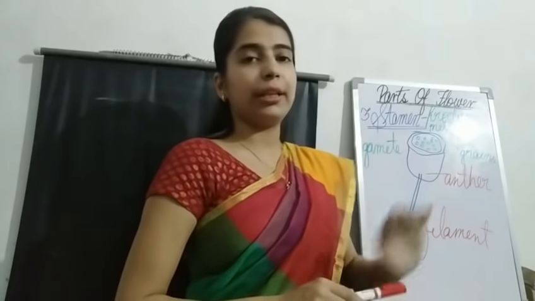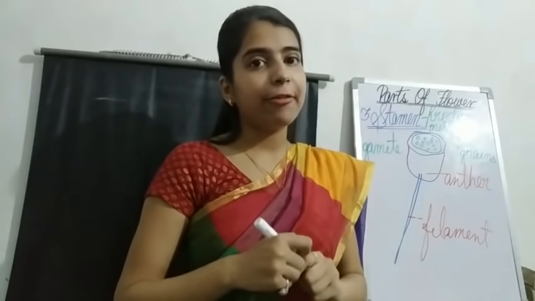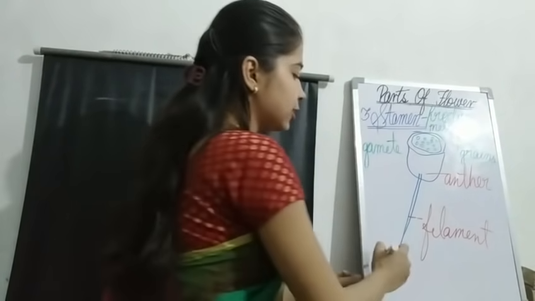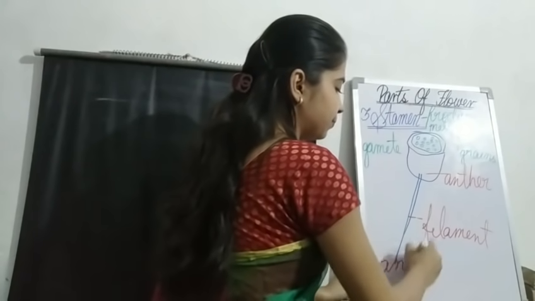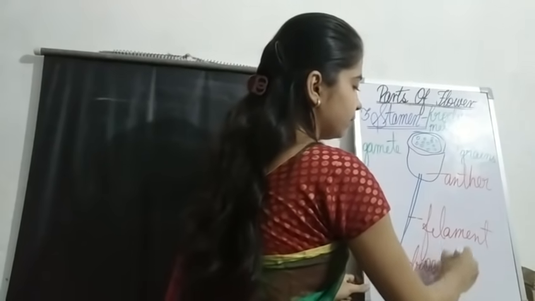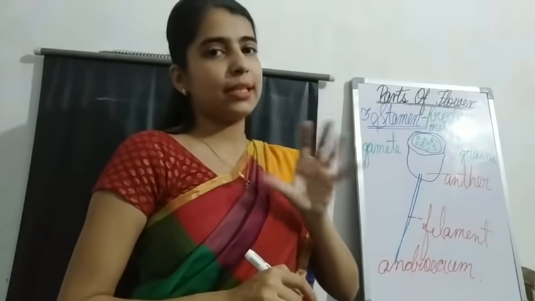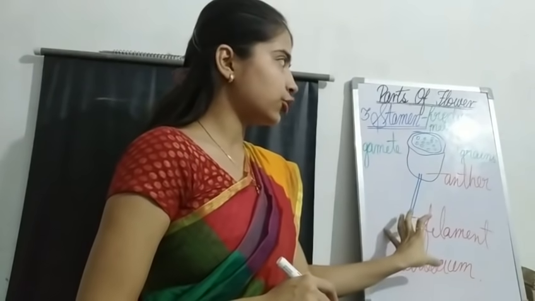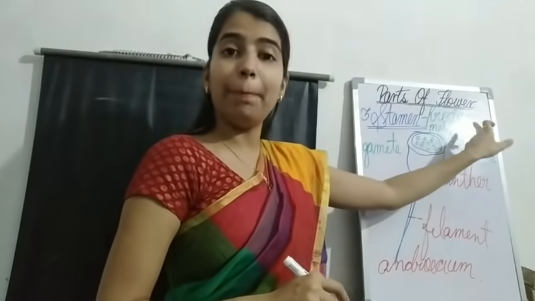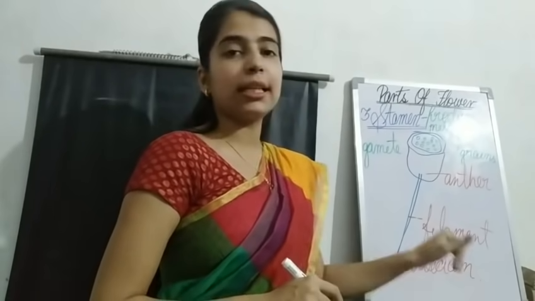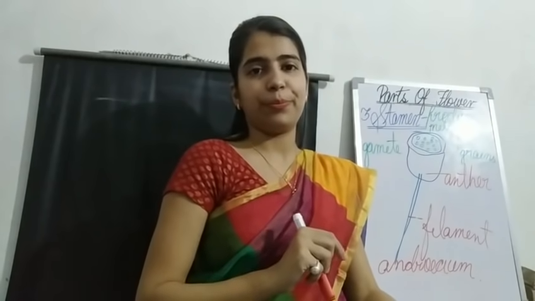Many stamens together, the group of the stamens in a flower, are termed the androecium. Clear, students? So these are the 3 points of the stamen. This is the structure, the function is to produce the male cells, and the other term for this is androecium.